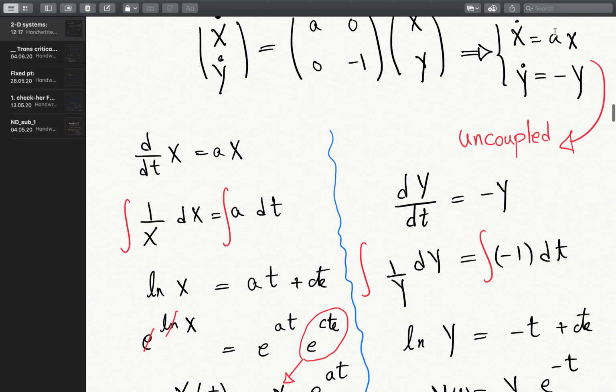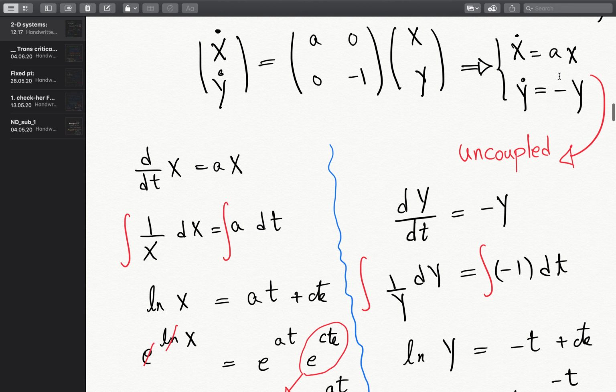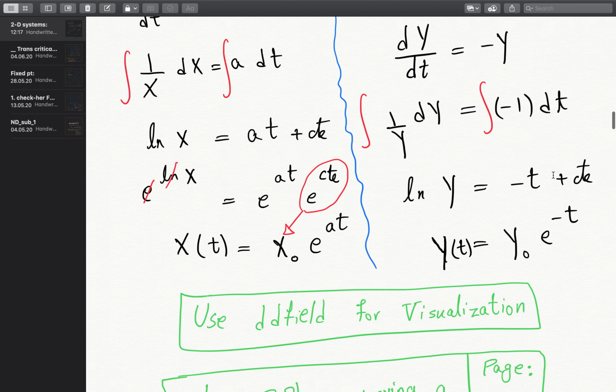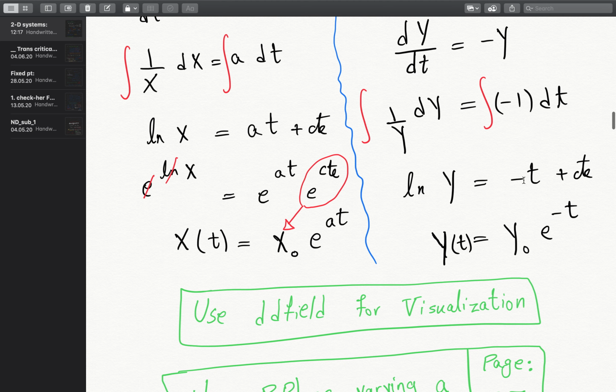If you just think of a as -1, it is exactly the same: dy over dt equal to minus y, and again I bring y to this side and dt to that side, I take the antiderivative, ln of them, and then finally I have the solution for y, which you see is pretty much similar, just a is -1 here.